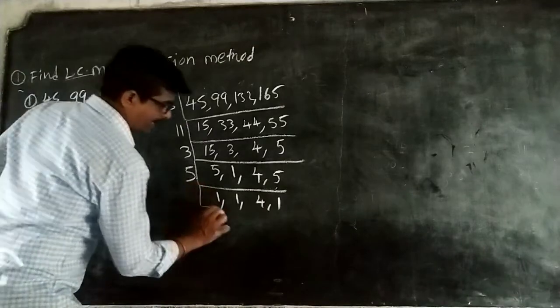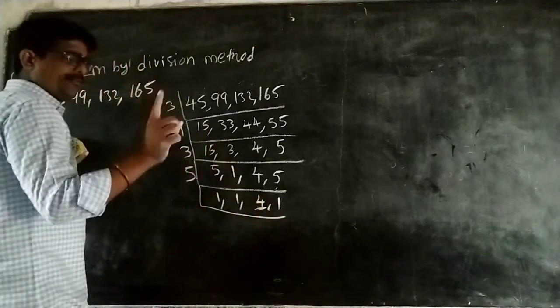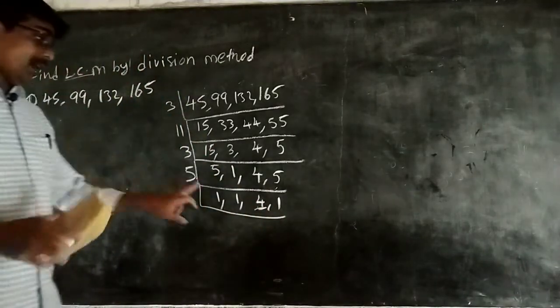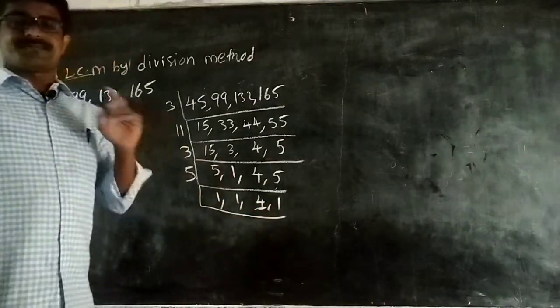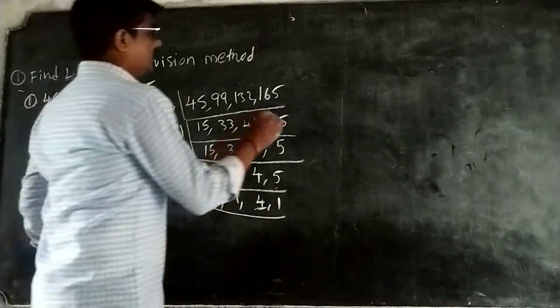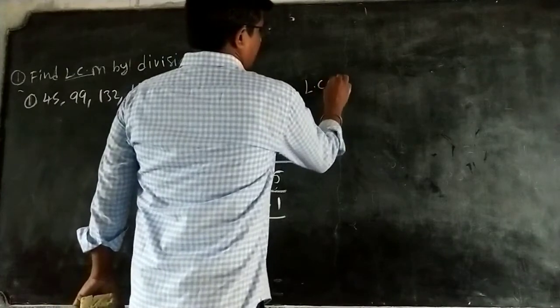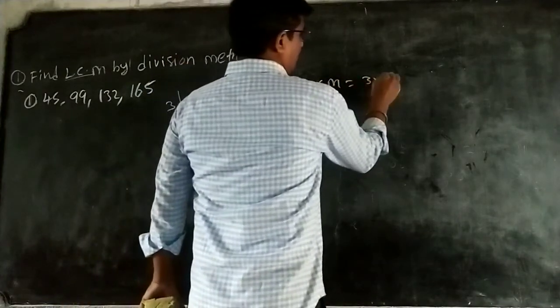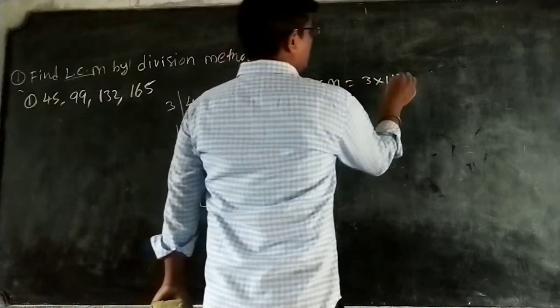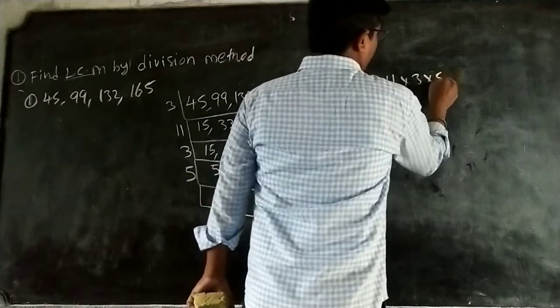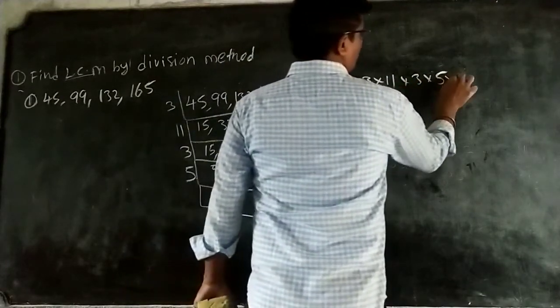Next I take 3: 15 by 3 is 5, 3 by 3 is 1, 4 and 5 as they are. Next I take 5: 5 by 5 is 1, the others as they are. Next you take 4, only one number has 4, so I have to repeat. The remaining are ones, at that time only I keep. Next, the LCM is equal to 3 into 11 into 3 into 5 into 4.